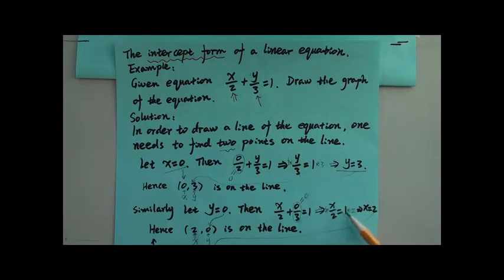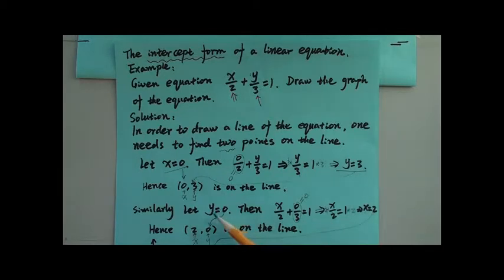The right hand side is 1. Both sides multiplied by 2, so the 2 times 1/2 cancel each other. So 2 times 1, you have a 2. And then x equals 2.